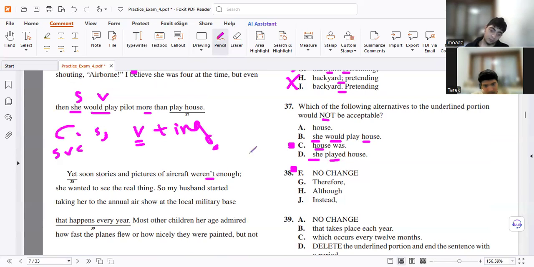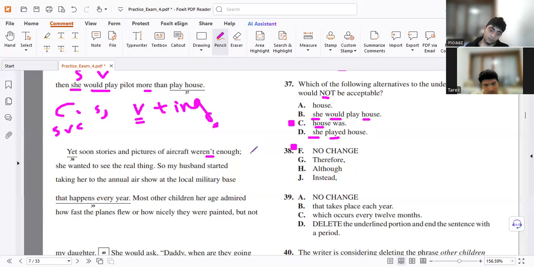So it's a contrast. Yes or no? Yes. But even though we need two clauses joined by a comma, here we have a semicolon. So grammatically wrong. So H is wrong. Cause and effect relation? No. So wrong. "Instead" does not make sense. So it's letter F.